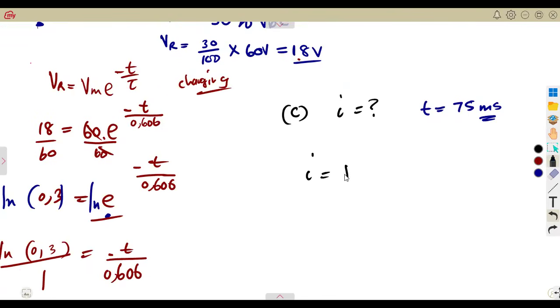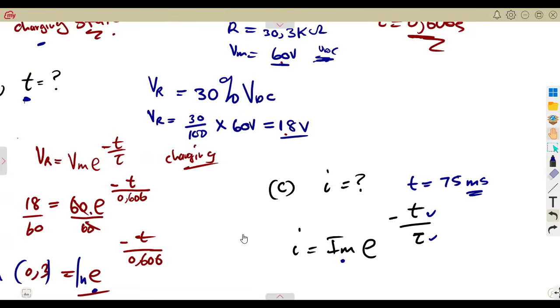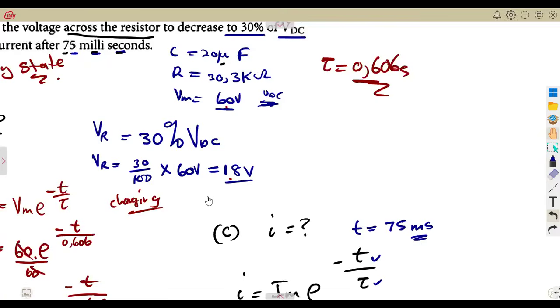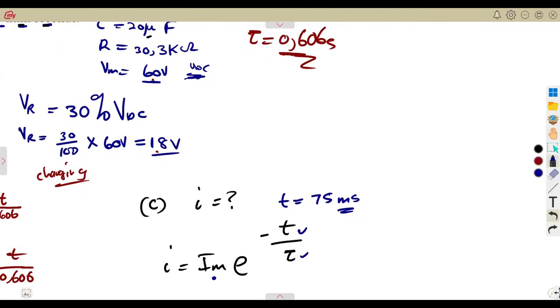I is equal to Im e to the exponent of minus t over tau. Within the time frame of 75 milliseconds, we are given the time. Okay, the tau, we already calculated this. Remember, your tau is already there. So these are there, but we do not have Im. The current from maximum condition values that we are given, we can calculate Im.